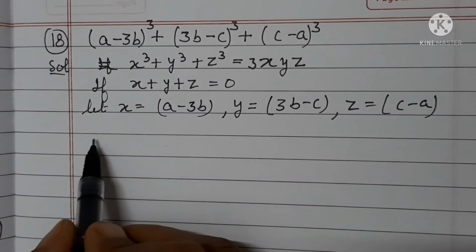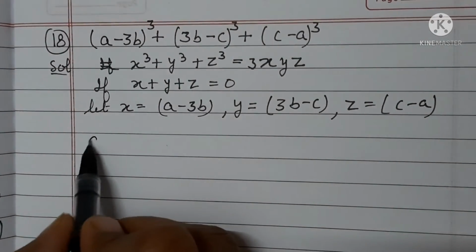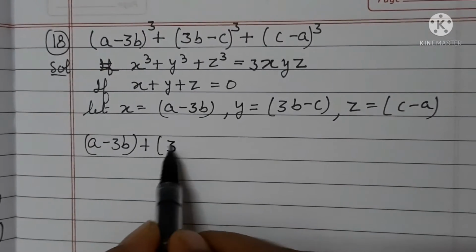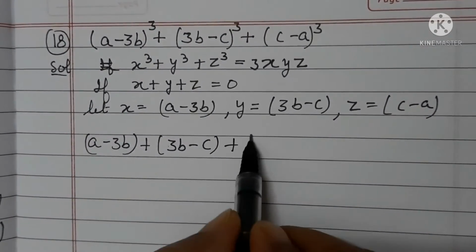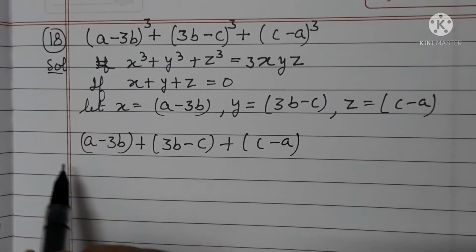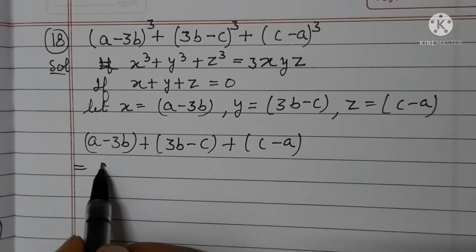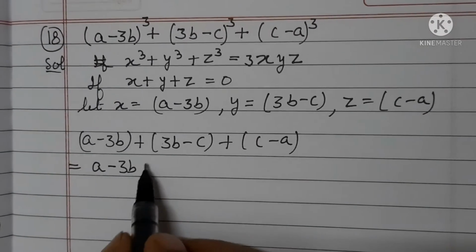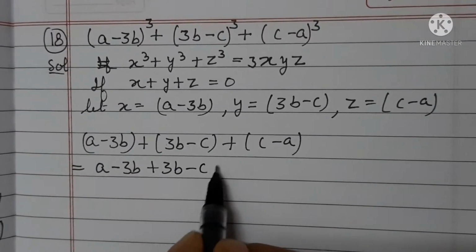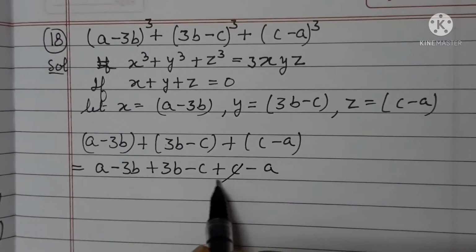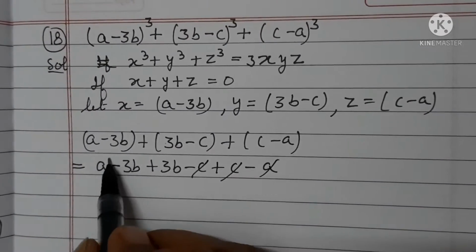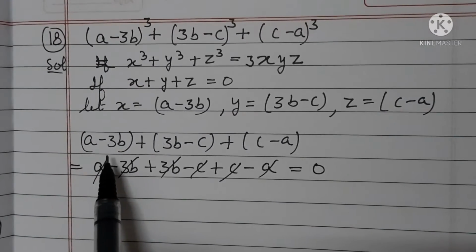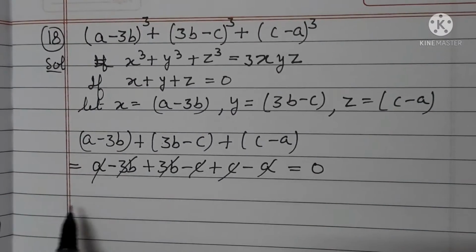So a minus 3b plus 3b minus c plus c minus a. c is cancelled, a is cancelled, 3b is cancelled. You will get 0. It means x plus y plus z is equal to 0.